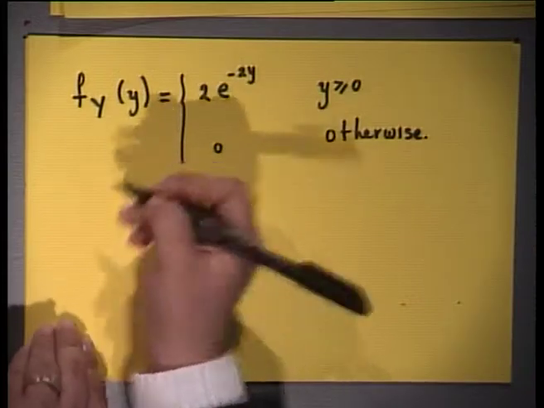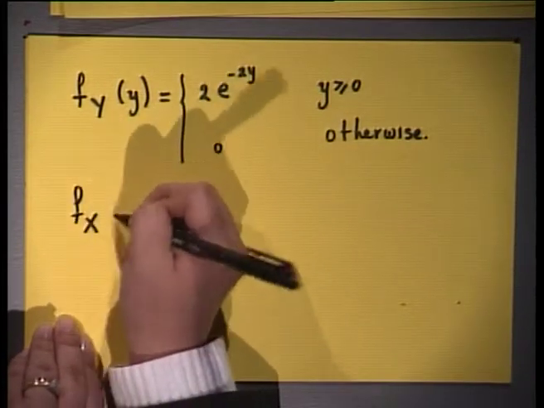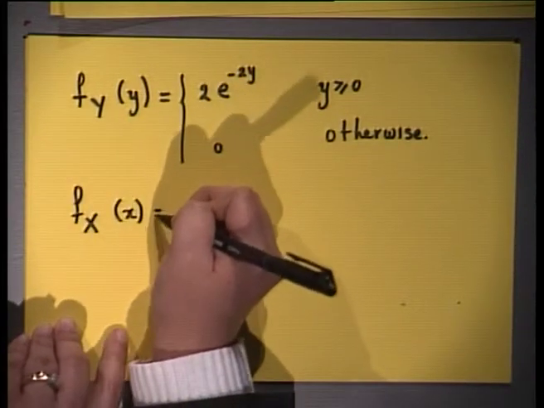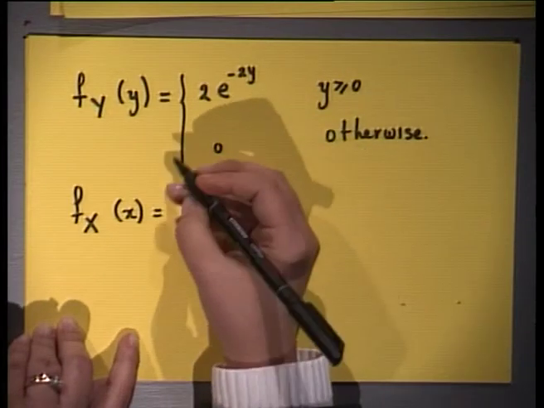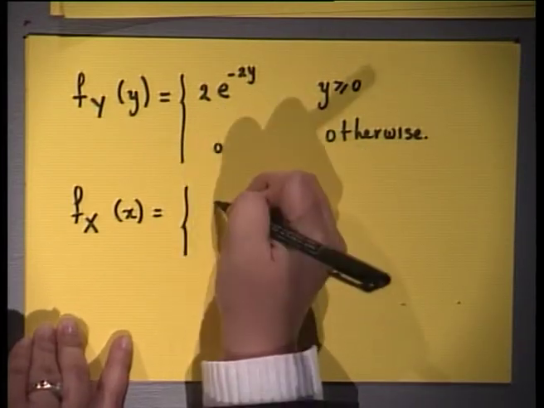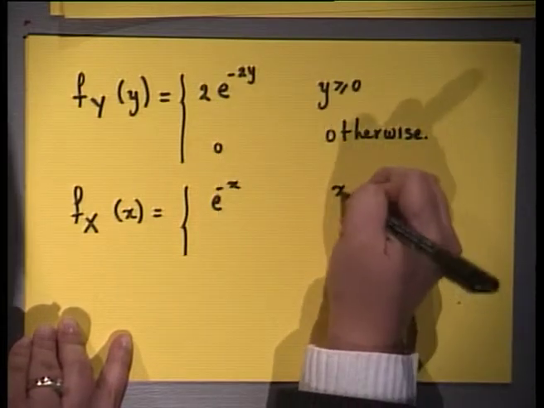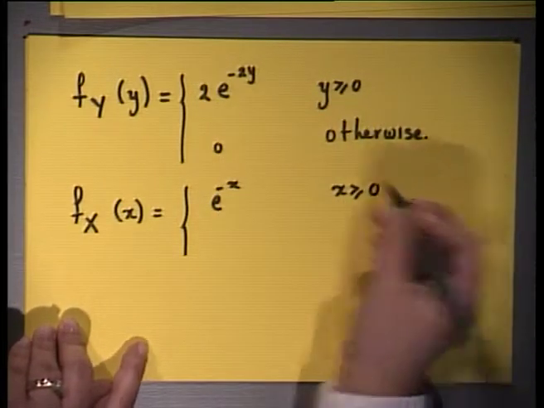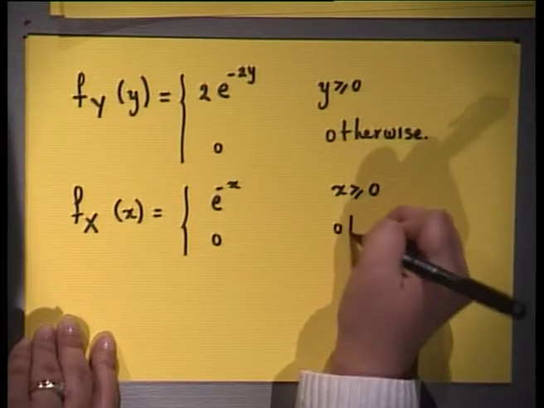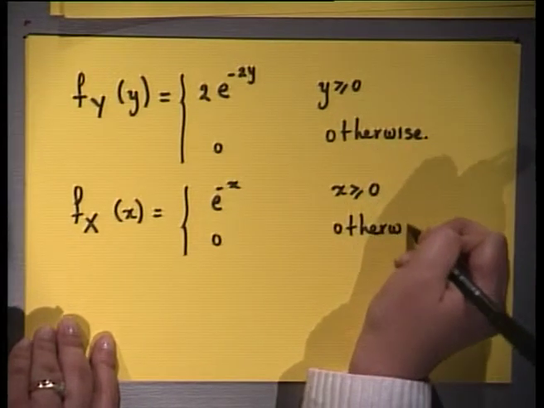I am going to rewrite here the marginal of x, so we have it in front of us, is equal to e to the minus x for x greater or equal to 0 and 0 otherwise.